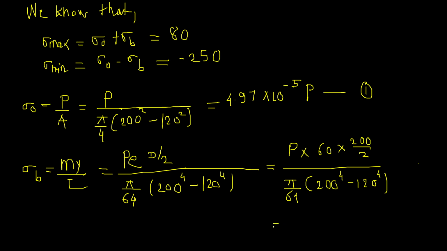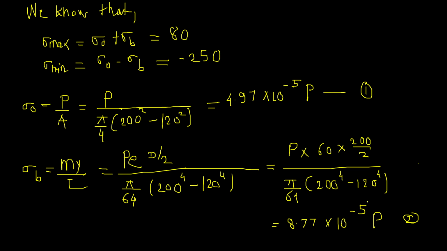So याला जर सॉल्व केलं तर it should come 8.77 into 10 to the power minus 5, and this is equation number 2. ओके, इथे P राहिला एक लिहायचा. आपण in terms of P काढतोय. So it is 8.77 into 10 to the power minus 5 P.